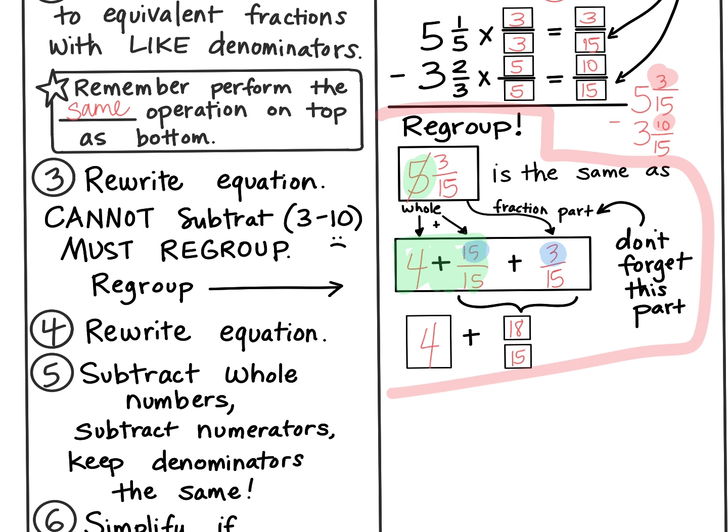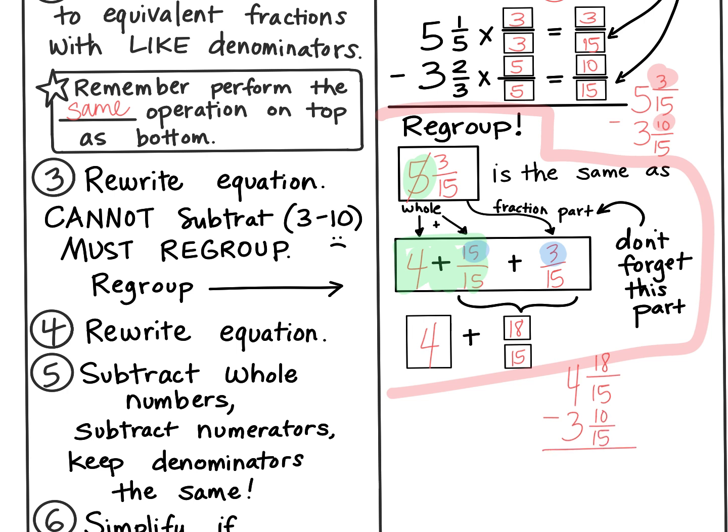Now what I'm going to do is solve the rest of my problem. So now what I have is 4 and 18/15 minus 3 and 10/15.